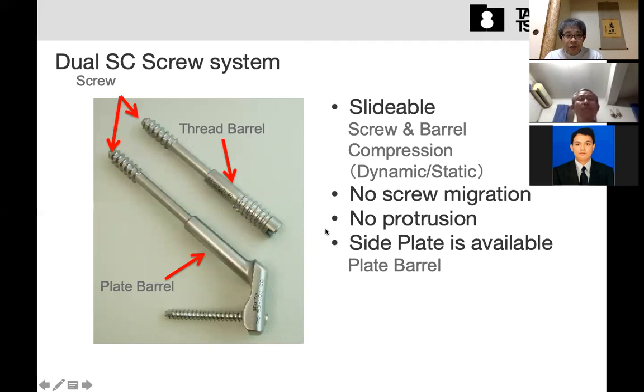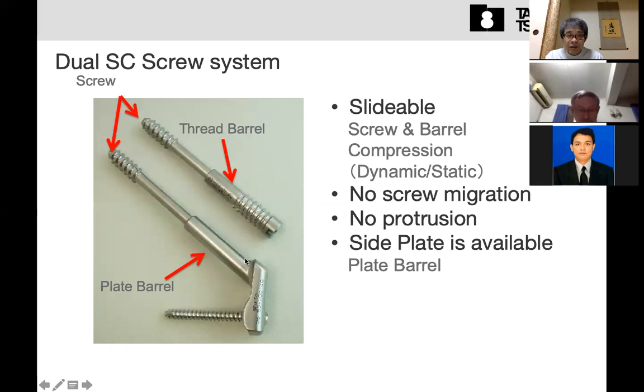And no screw migration. This cannot be separated due to the mechanical construction. So no protrusion. There is some space for the sliding into the barrel.